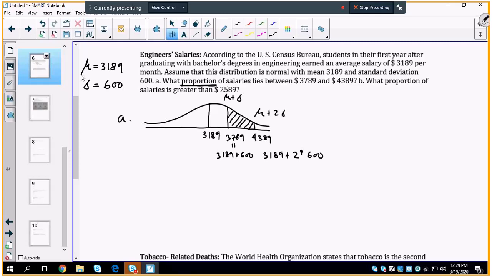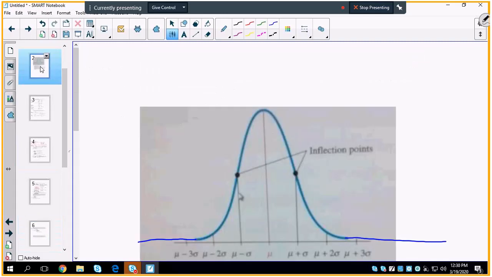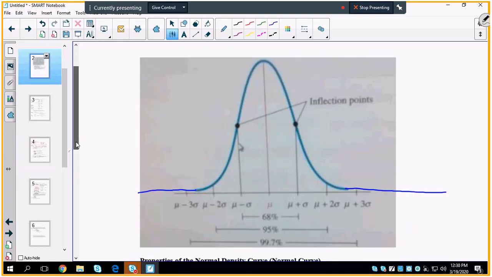So how do I answer this question? Again, you can go back and think about the empirical rule. Think about, in the empirical rule, how much percentage you have in between the 2 standard deviation marks. Between the 2 standard deviation marks, I have 95% of all the data.